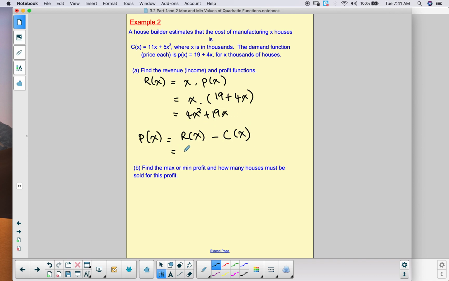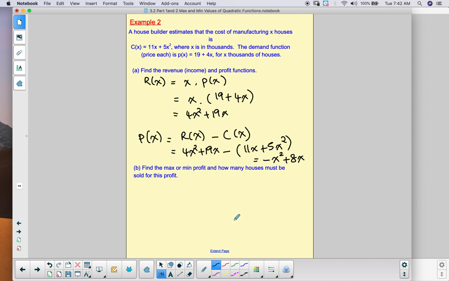So the revenue function we just got is 4x squared plus 19x minus the cost function, which they gave us as 11x plus 5x squared. I'm going to put that in brackets and combine the like terms, and I will get negative x squared plus 8x. Okay, so that's my profit function.